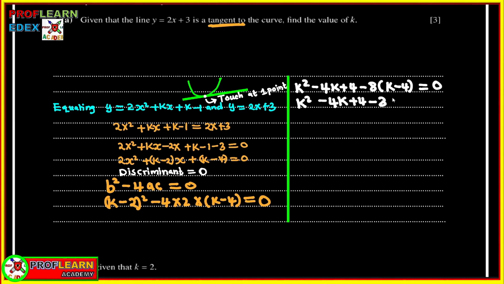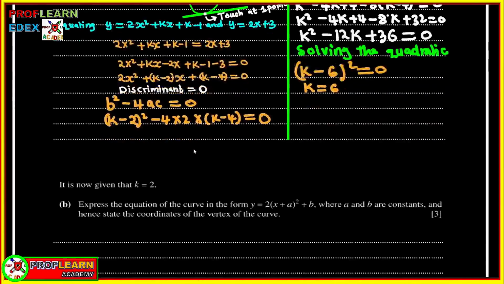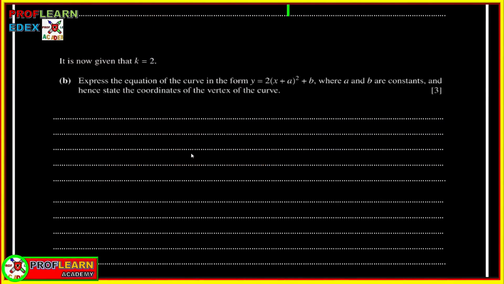Then putting the like terms together, we have k squared minus 12k plus 36 equals 0. Solving this, we get the value of k to be 6. Only one value. The value of k is 6.